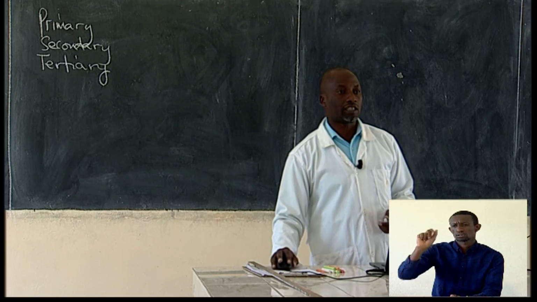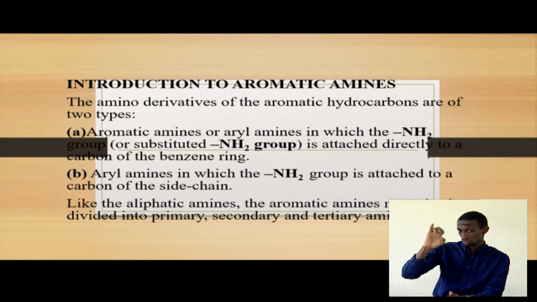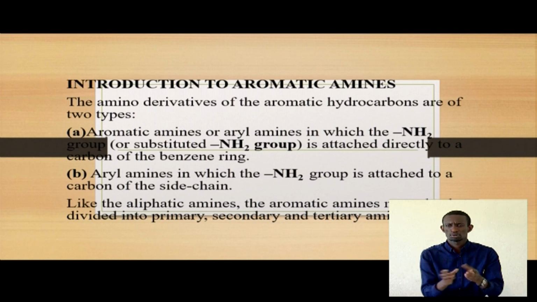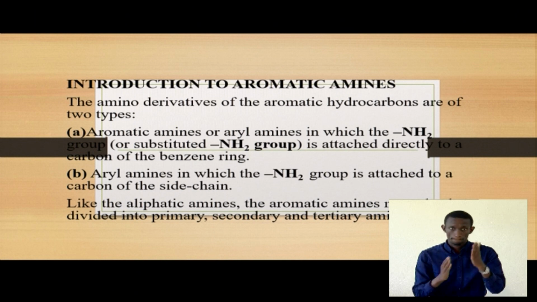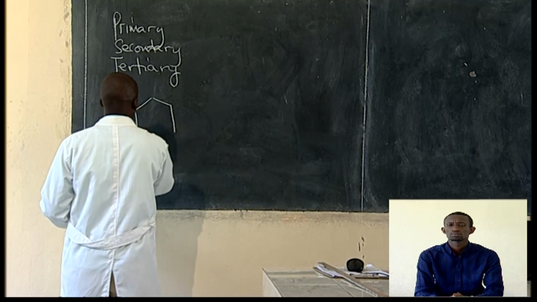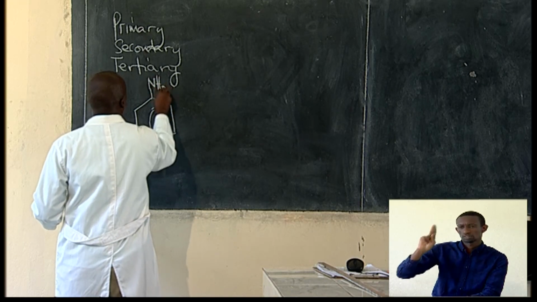So the aromatic amines, some of them may have the amine substituted directly on the benzene ring. Some of the examples: this is phenylamine, which is a simple aromatic amine.